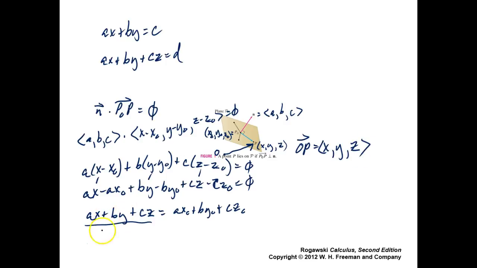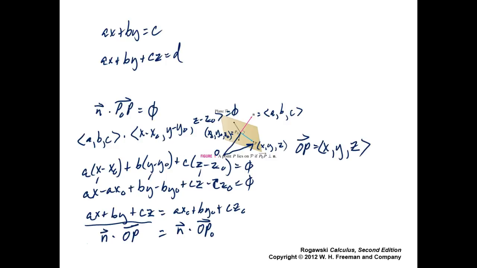So this would be your normal vector dotted with OP. This would be your normal vector dotted with OP0, because that vector would have components, not just coordinates, components, X0, Y0, Z0. So this is where they go next with that.